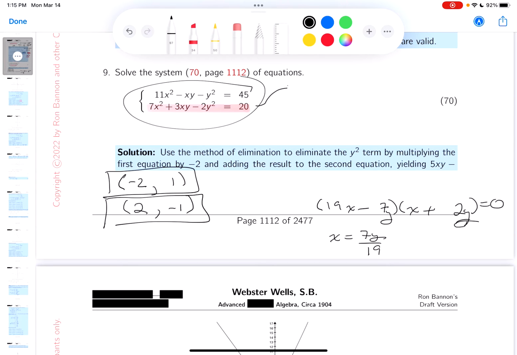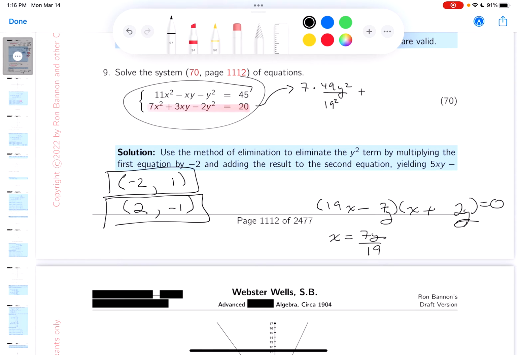All right, I got to plug it in. So it's going to be 7 times x squared. That's 49y squared over 19 squared. I'll do that later, by the way. Plus 3 times x times y.